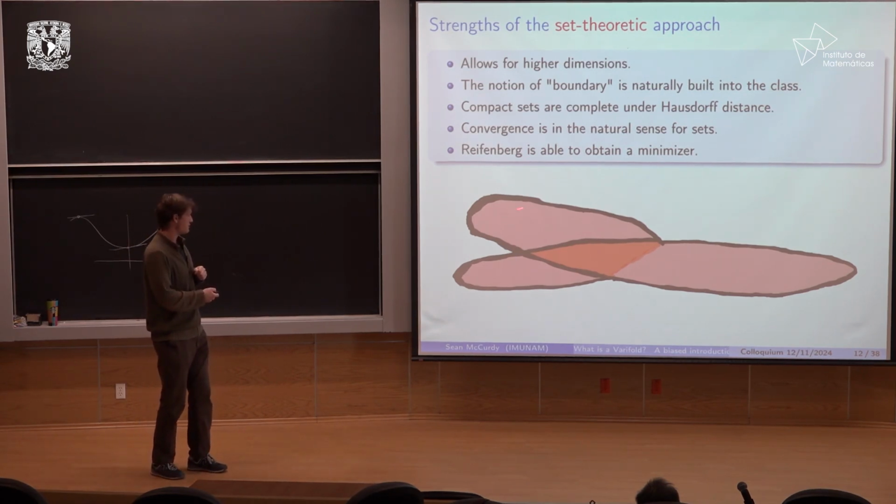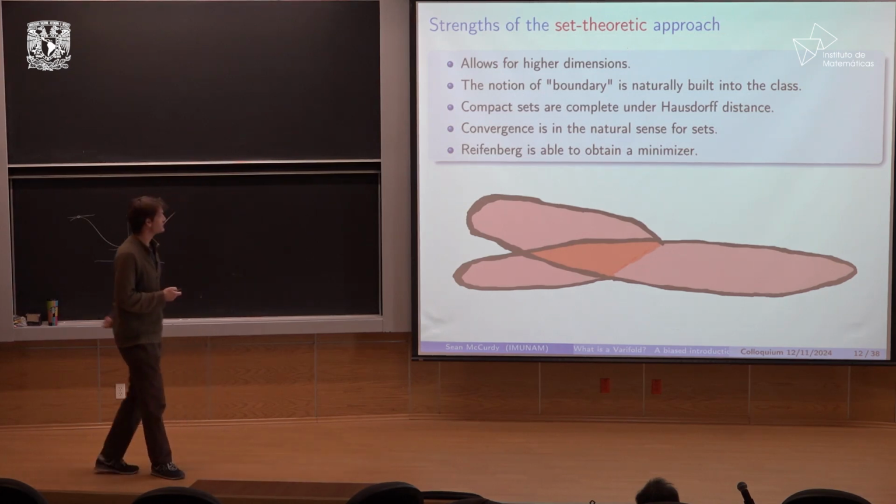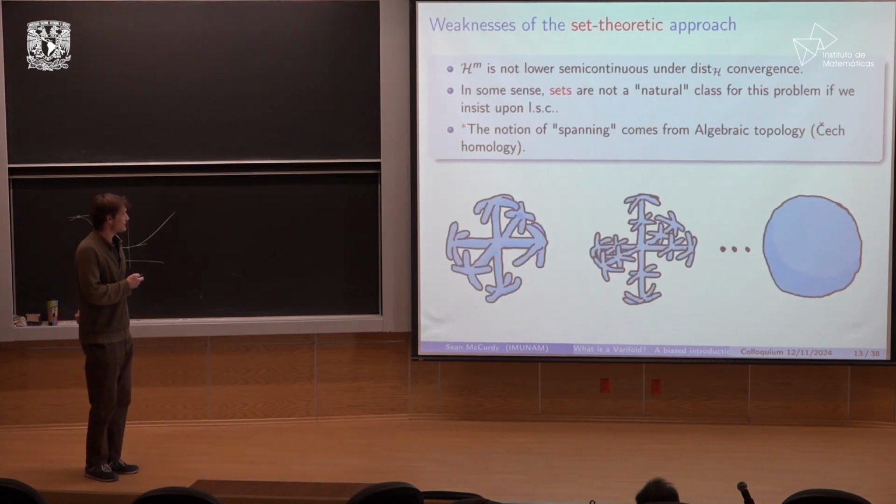And maybe the minimal set is this sort of much smoother object, right? But there are some problems. Notably, the m-dimensional Hausdorff measure is not lower semi-continuous with respect to the Hausdorff distance convergence. I have a little picture here illustrating why.